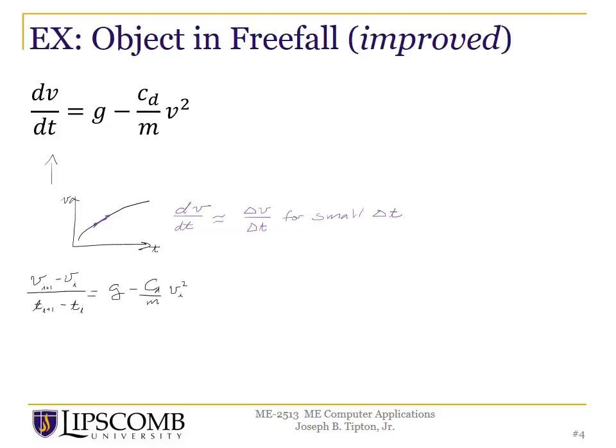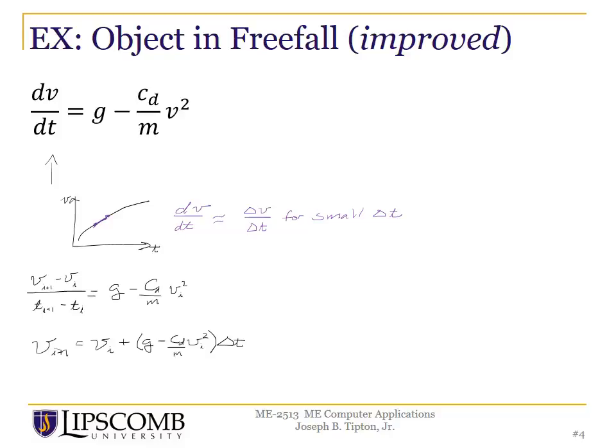Here's the algorithm. I'll write this as my new value of velocity equals my old value of velocity plus the right-hand side here times delta t. All I've done is I've solved for v(i+1).